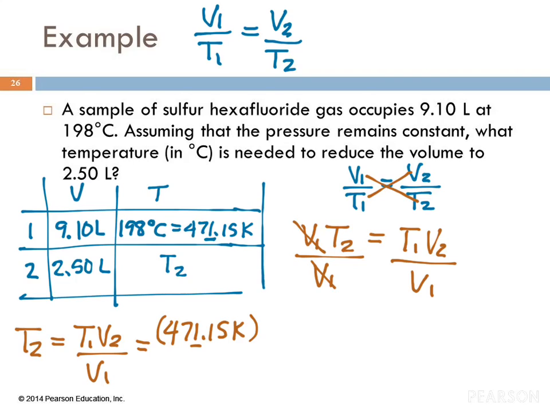Write the units in there. Volume 2 is 2.50 liters. Volume 1 is 9.10 liters. We see that the liters cancel out. That's good. And we're going to end up with a temperature in kelvins.